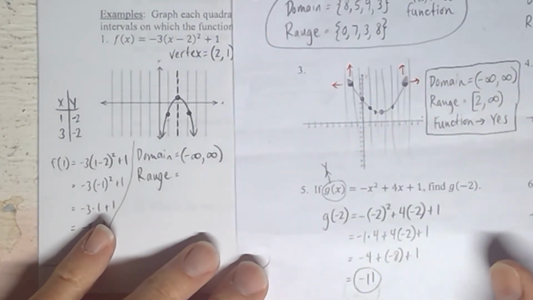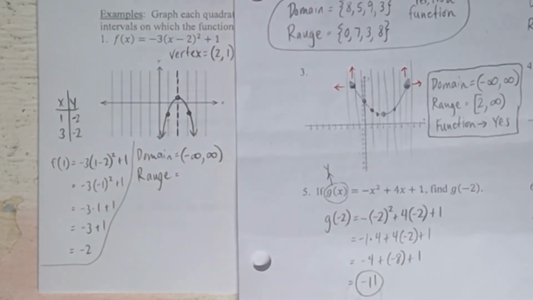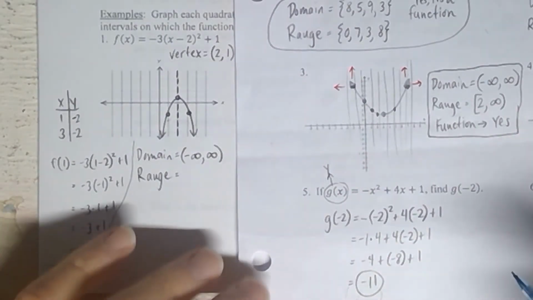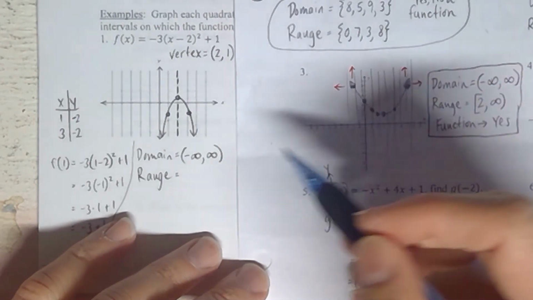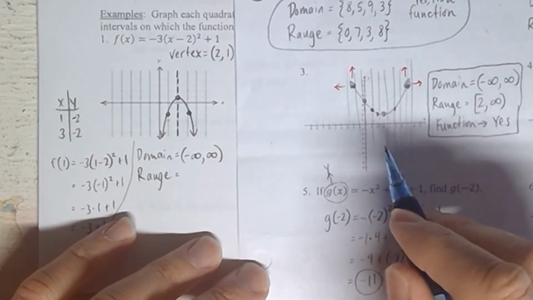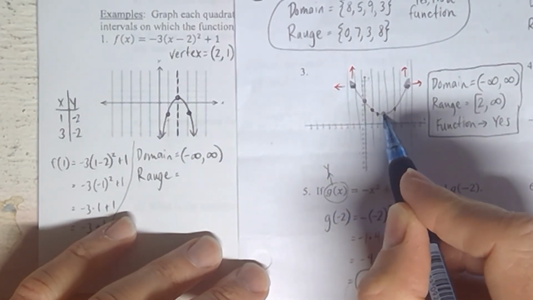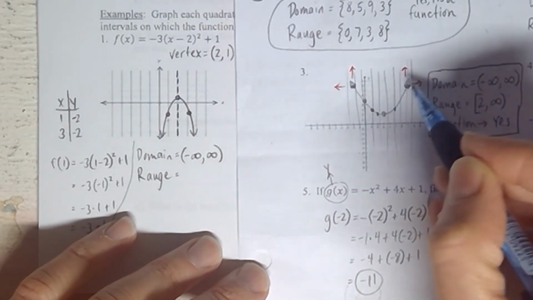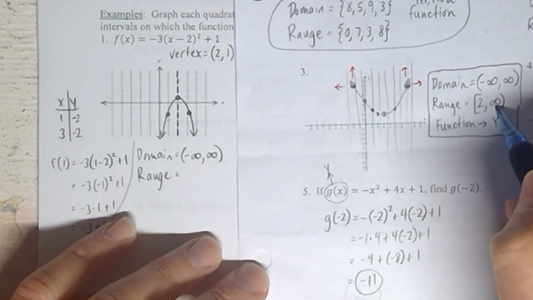The range, though, is done by remembering that range is low to high, meaning that you take the lowest point, figure out the y value there, and then you take the highest point. So here, the lowest y value would be 2 because this is the lowest point of the graph, and then it goes upward forever, and so that's why the highest point is infinity.